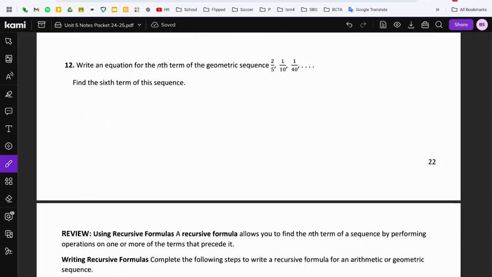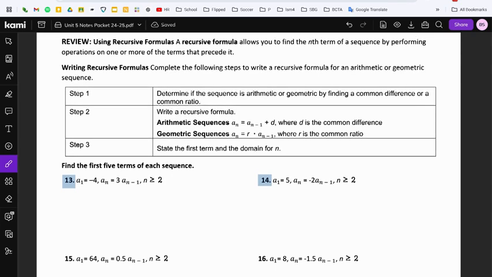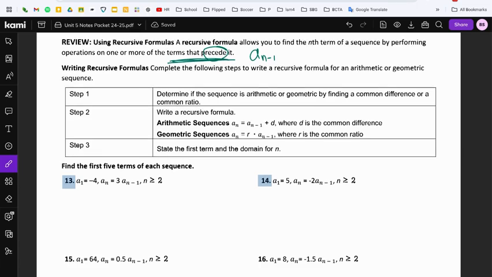So the last thing in this lesson is going with recursive formulas. So just to review recursive formulas, something that we did before with arithmetic sequence, recursive notation means that we're using terms before it, or terms that precede it, right? Precede means before. So we talked about this before, where when we did recursive formula, we had this subscript notation like a sub n minus 1.